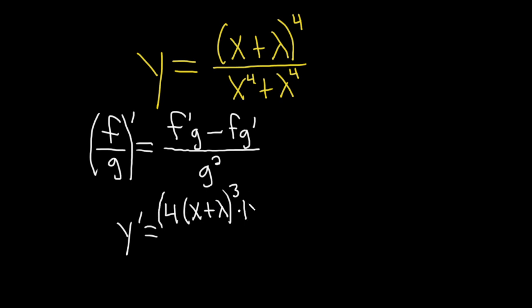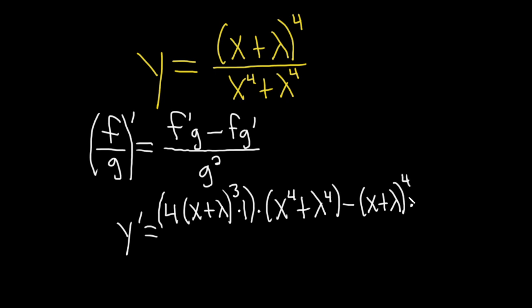So all of this is the derivative of the top, times the bottom, x to the fourth plus lambda to the fourth, minus the top, so that's f, so (x plus lambda) to the fourth, times the derivative of the bottom. So here we'll use the power rule on the x, so we'll bring down the 4 and subtract 1 from the exponent.